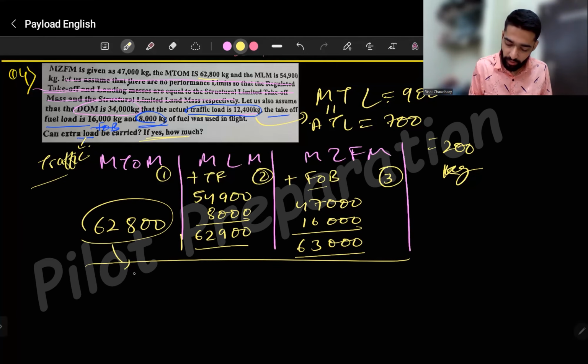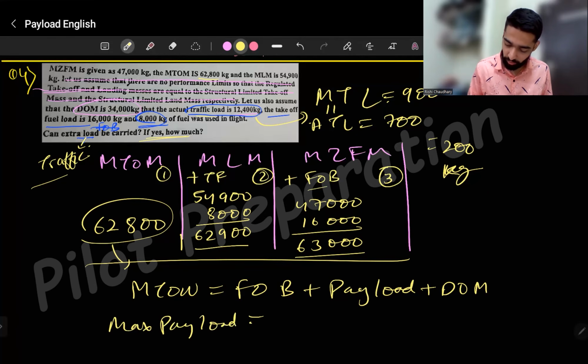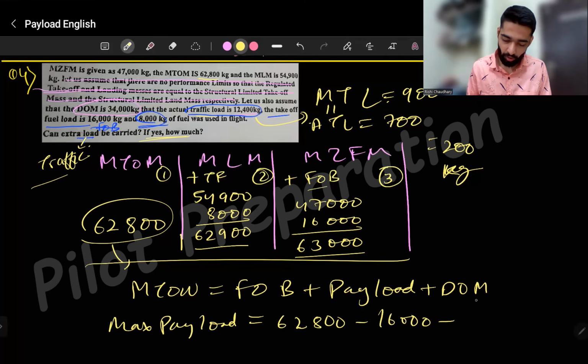What I know is MTOW is equal to FOB plus payload plus DOM, correct? So my maximum payload is equal to MTOW, which is 62,800, minus FOB. FOB, fuel on board, is 16,000, minus DOM, which is 34,000.